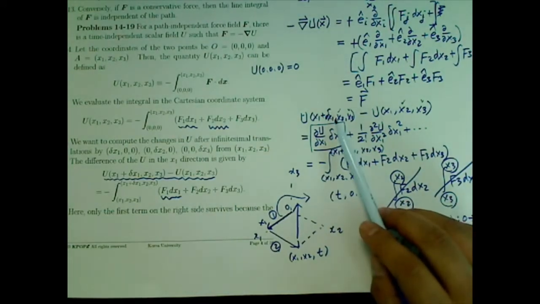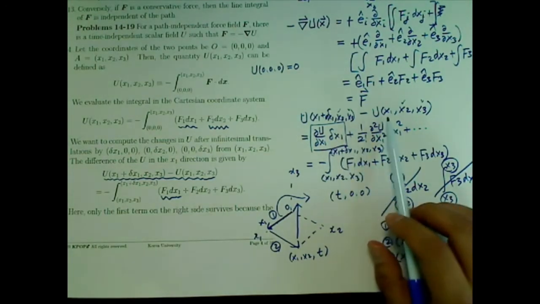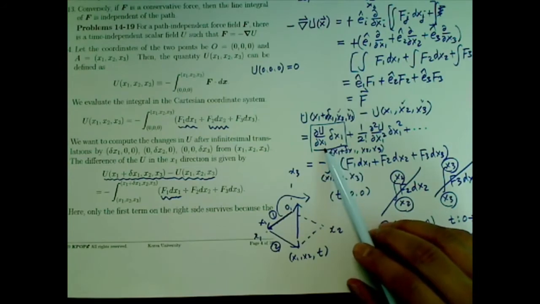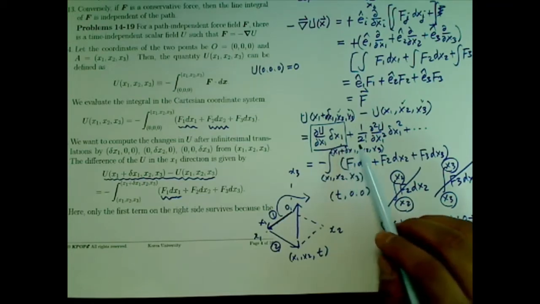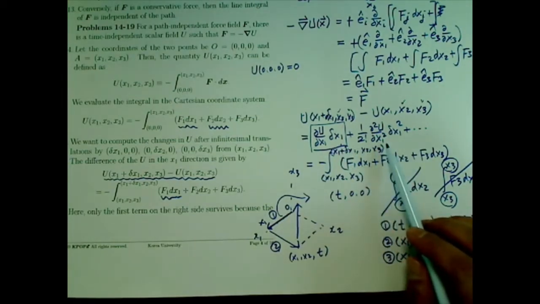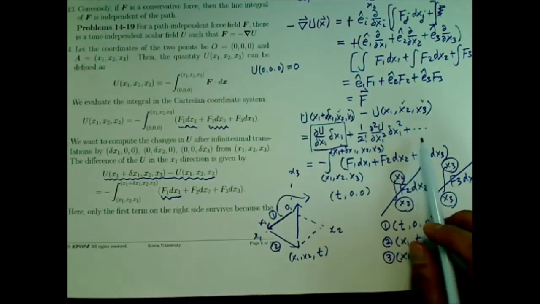If it is finite, we can make use of the Taylor series expansion to find that the leading piece after subtraction is the partial derivative with respect to x1 multiplied by delta x1. The second order piece is 1/2 times the second order partial x1 derivative of the potential energy multiplied by delta x1 squared, and so on.